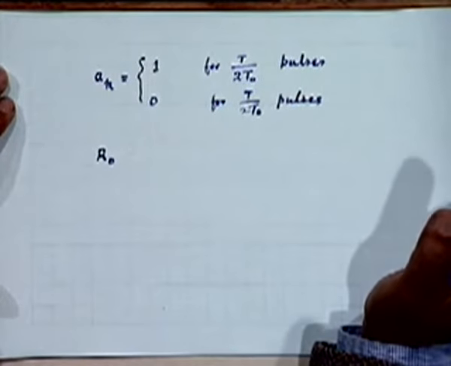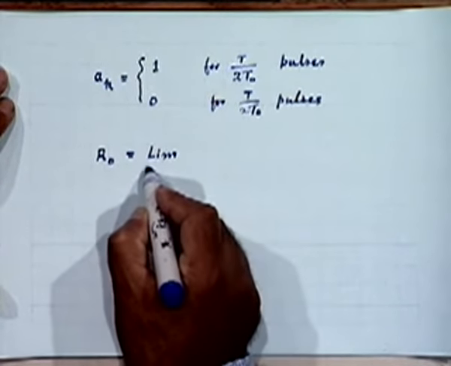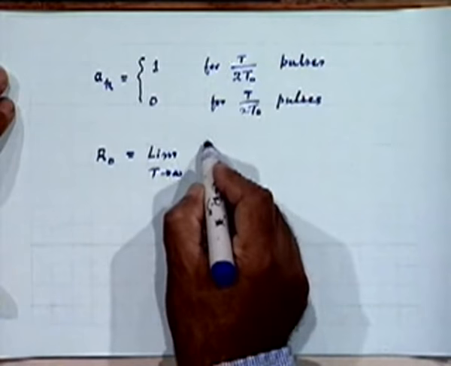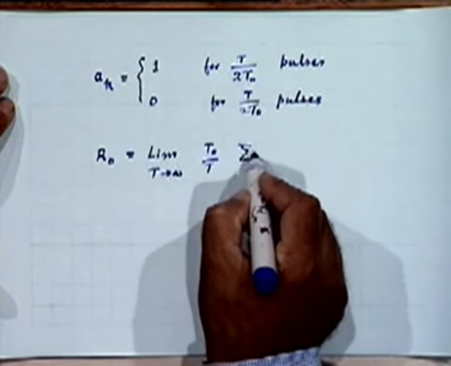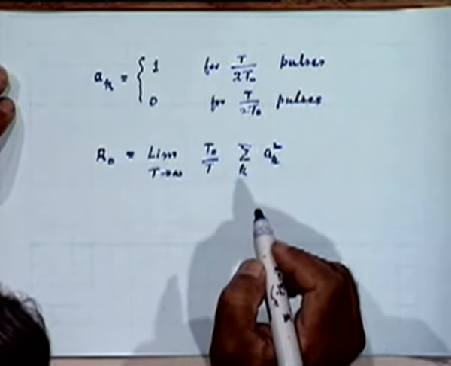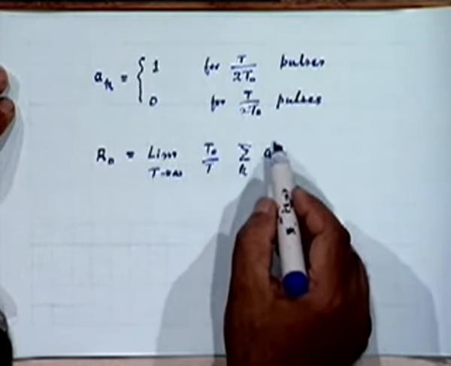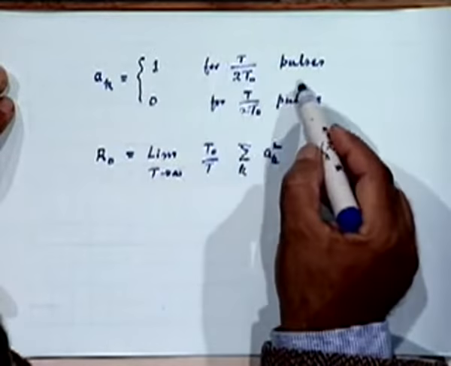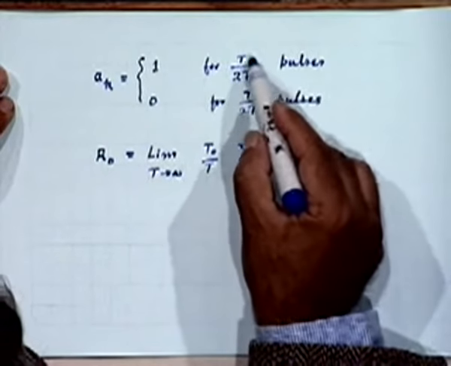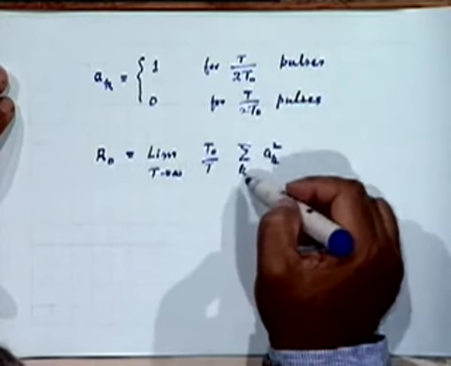Any questions on that? Consider then R0, given by the limit as T tends to infinity of T0 upon T times the summation of A_k squared. In the observation interval T that we are considering, which is large, A_k squared is equal to 1 for half the time and 0 half the time. Only those pulses which are 1 will contribute to this summation.